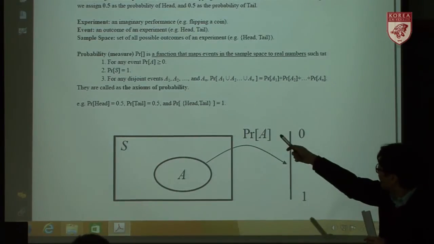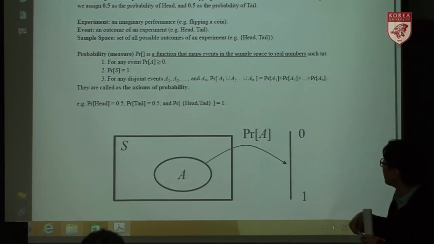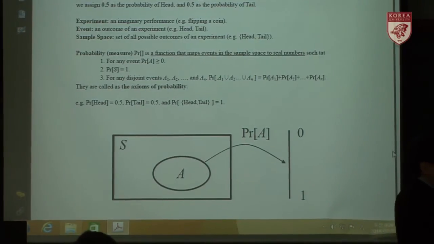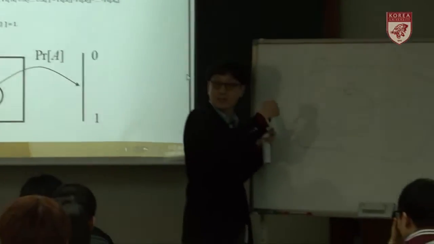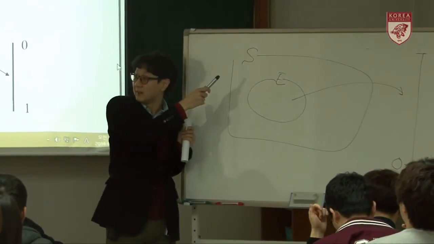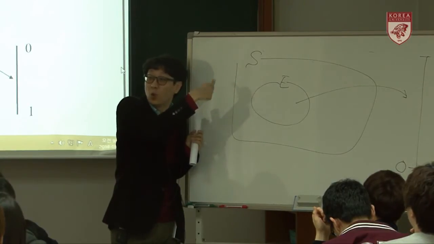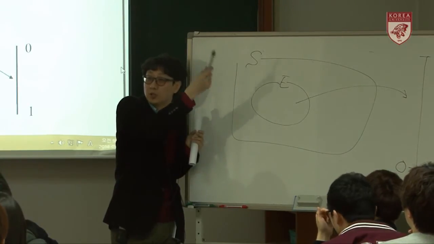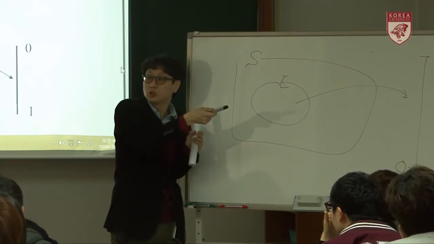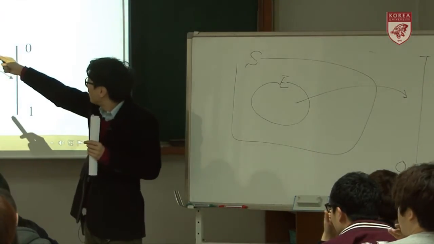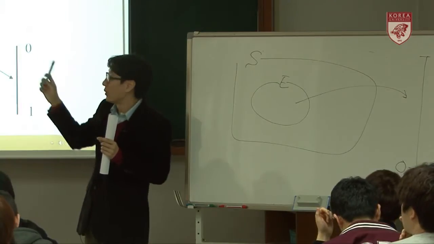And second one: because an event is any subset of the whole sample space, it can be S itself. So if we map S, the whole sample space, into a real number, that real number should be 1. So the probability of S equals 1, always.